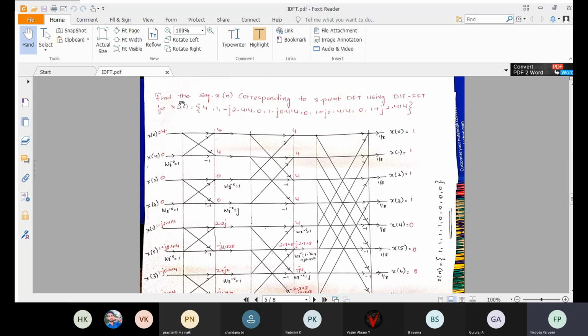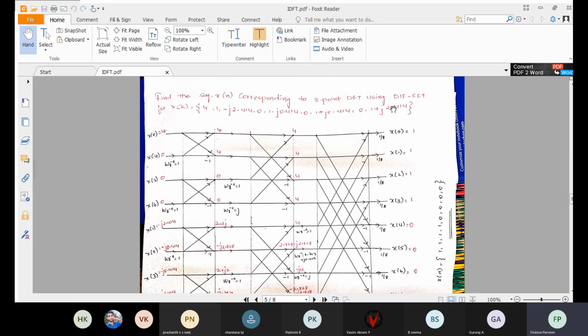So this is 8 point. Find the sequence x of n corresponding to 8 point DFT using DIF FFT for x of k. They have given x of 0, x of 1, x of 2, x of 3, x of 4, x of 5, x of 6 and x of 7.